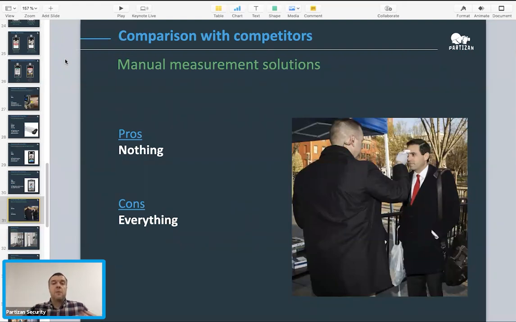Also, in my experience, if it's an automatic measurement system which you face when coming to some premises or some shop, psychologically it's better for you than if some guy is trying to embarrass you by measuring your temperature all the time. So it's a better customer experience, in my opinion, first of all.